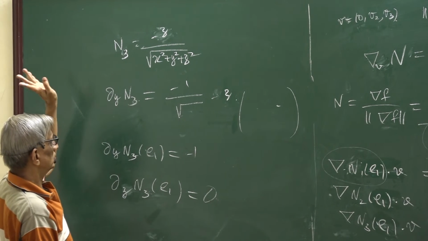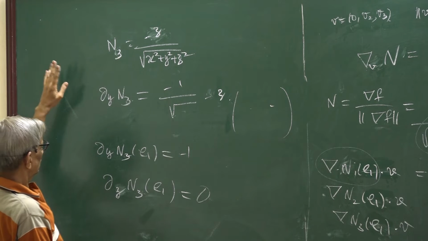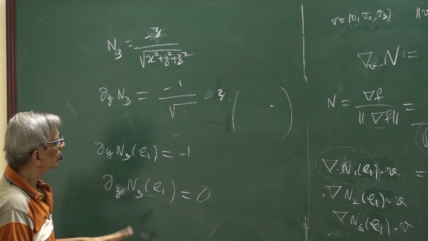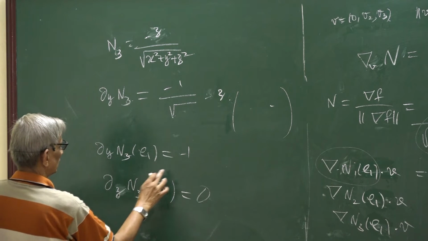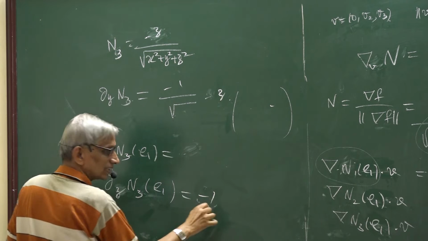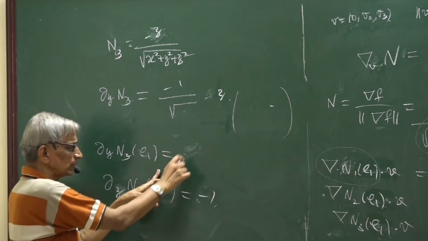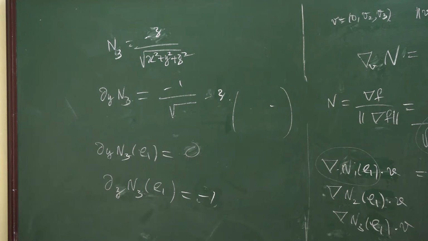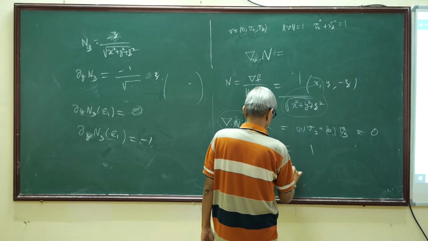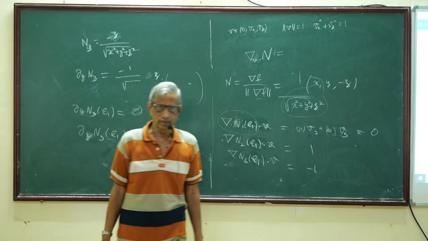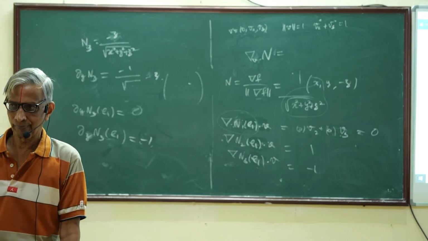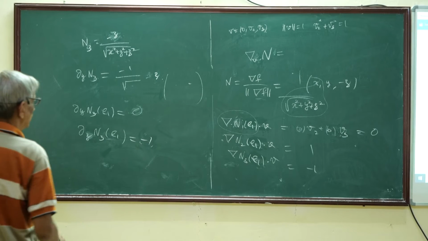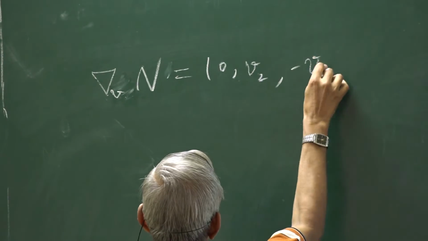No, sorry, now this is with respect to y. So with respect to z is what you get, minus 1. This will be 0, I suppose, right? One, this is minus 1. Zero, V2 minus V3.